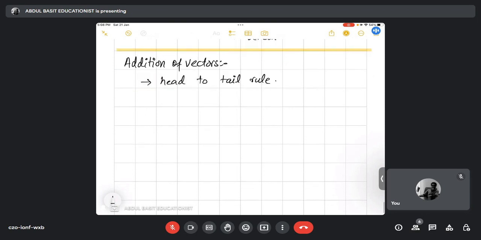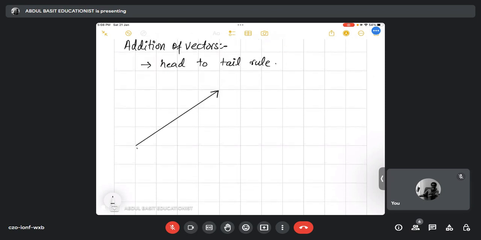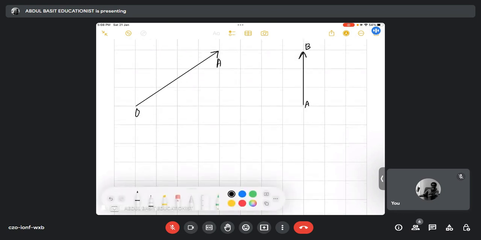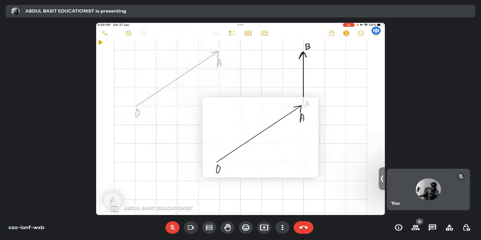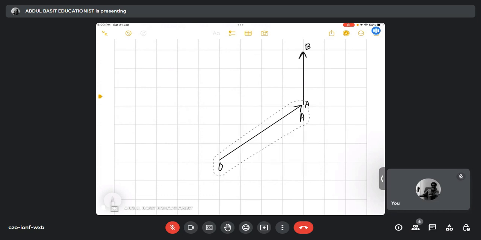This is the vector OA, and this line is A to B. If I want to add these two vectors, what I have to do is join the head of one vector with the tail of the other. So if I move this vector from that position and join this point with that, this is now the head to tail rule.